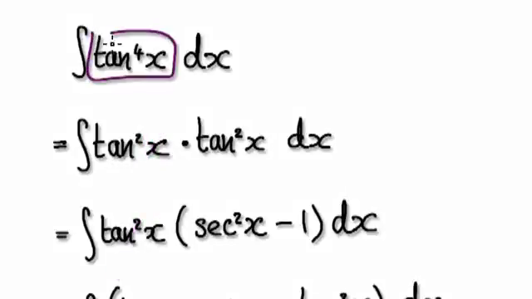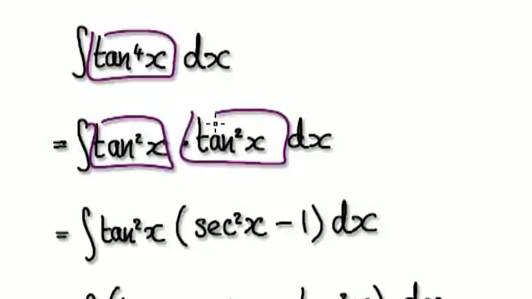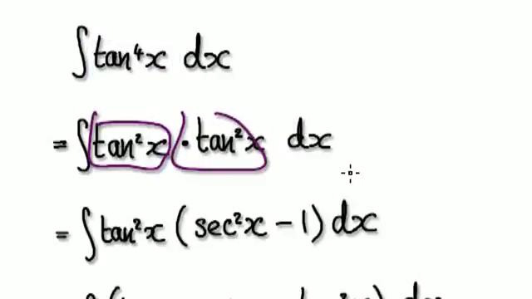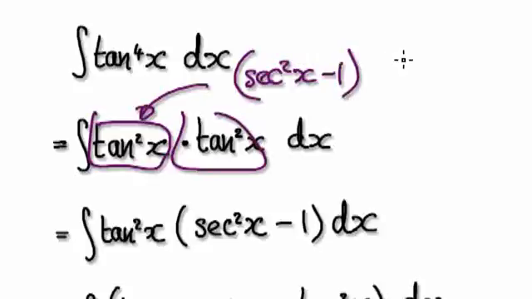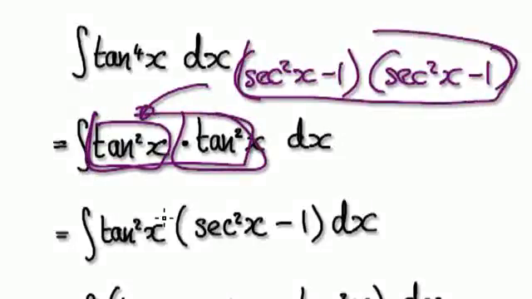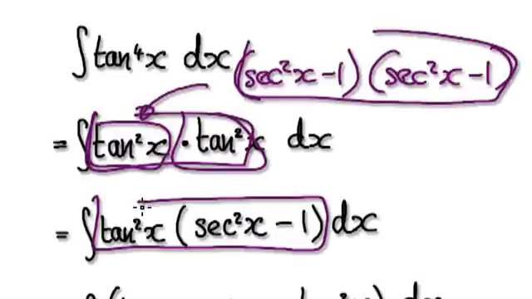For example, you can break this up as this and this. So we could imagine this as sec squared of x minus 1 times sec squared of x minus 1. Well, we could imagine this as this, or we could imagine it as this.